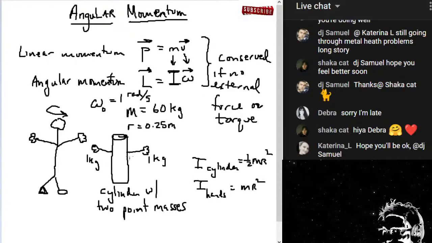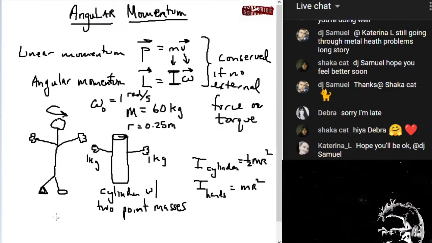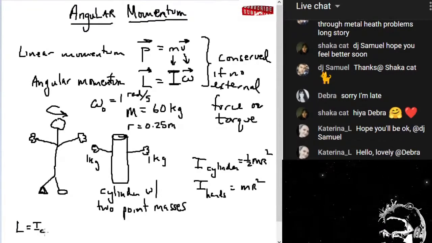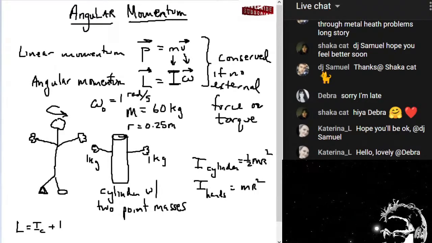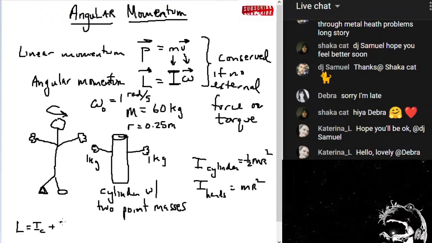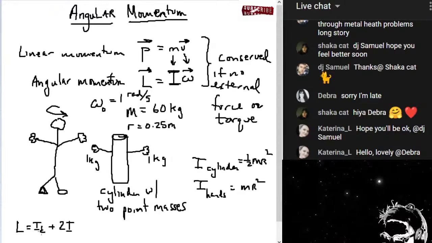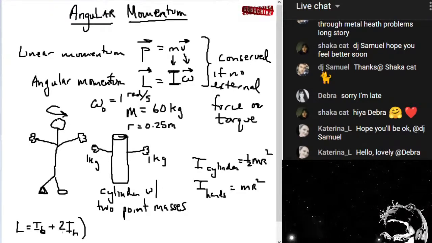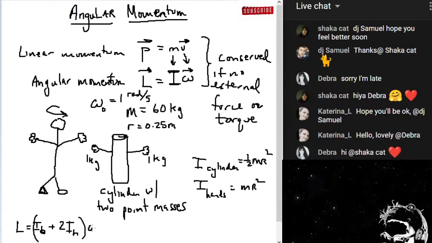We can figure out what their angular momentum is. So L is the I of the cylinder plus the I of the 2 hands, the 2 point masses. I'm going to put B for body, H for hands, times the angular velocity.